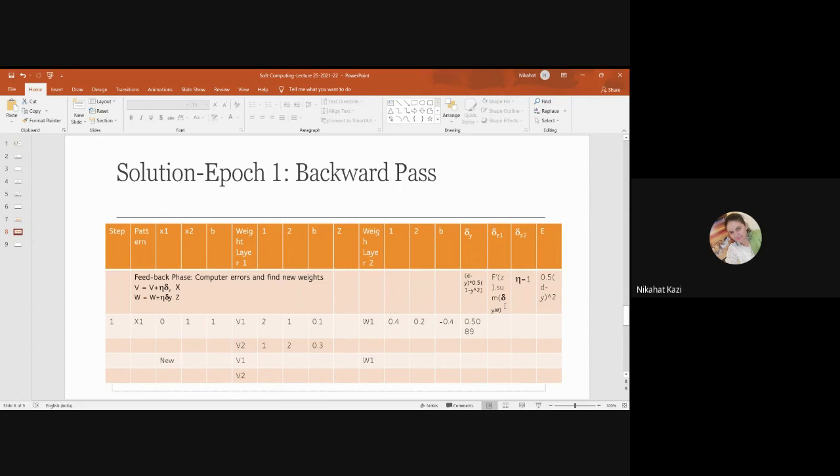Okay. So delta Z1 and delta Z2. Tell me what are the values? 0.1018 or 0.0832. 0.07.